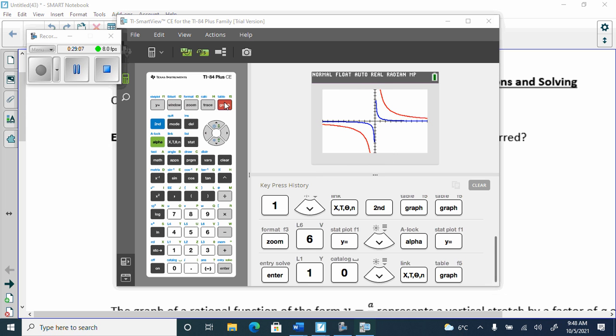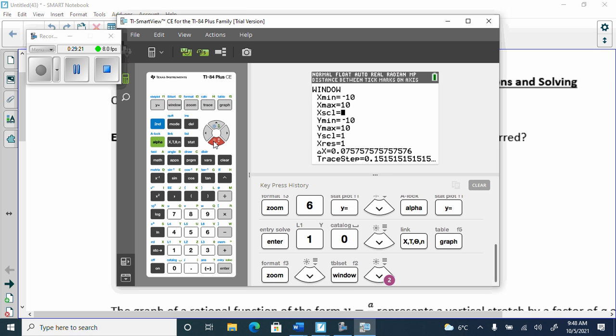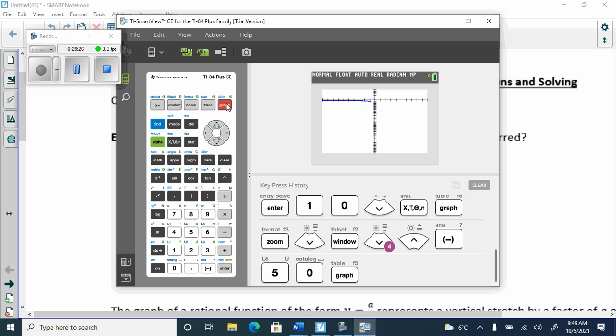This cow just took a longer trip to get there. They're like, I know there's no fence there, so I'm going to just go a little wide. But eventually, this cow is still going to get closer, because I'll show you. If I go to my window and I make my y minimum be like -50, let's say, you're going to see that the cow actually does approach the fence eventually, right? They're still going to approach that. They just sometimes take a different route.